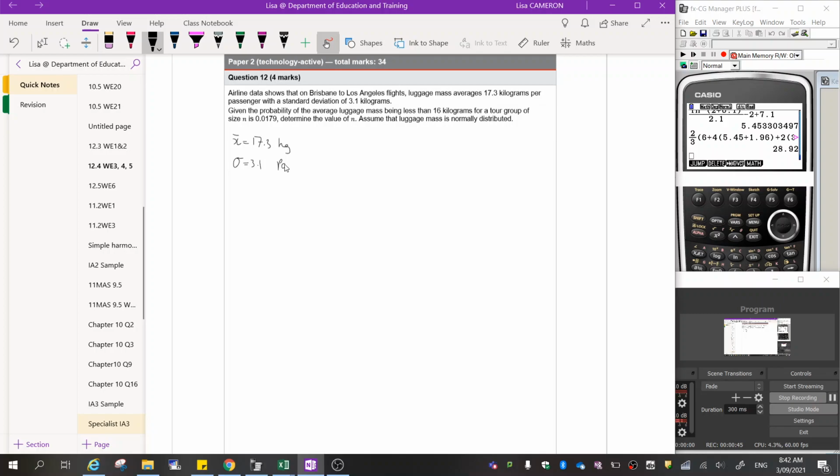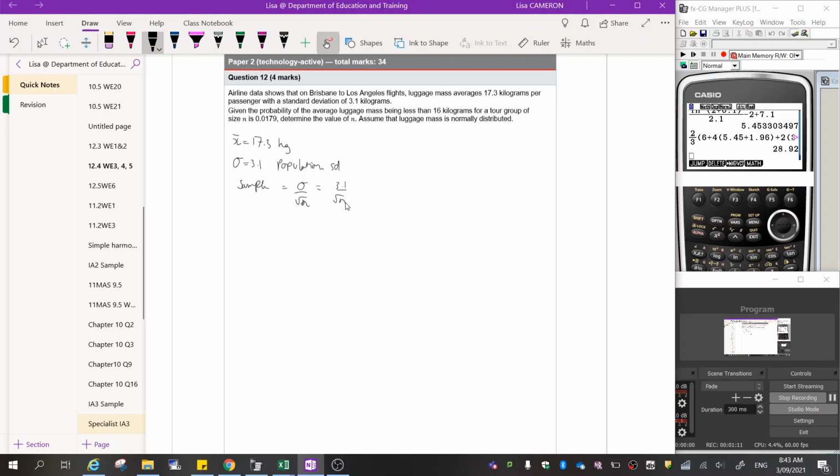Now this is population standard deviation, which means that if we want sample standard deviation, we would have to use the formula of the deviation over the square root of how many is in the sample, which would be 3.1 over root n. Now, I don't know if we're going to use that later. I'm just throwing it in to help make this very clear.